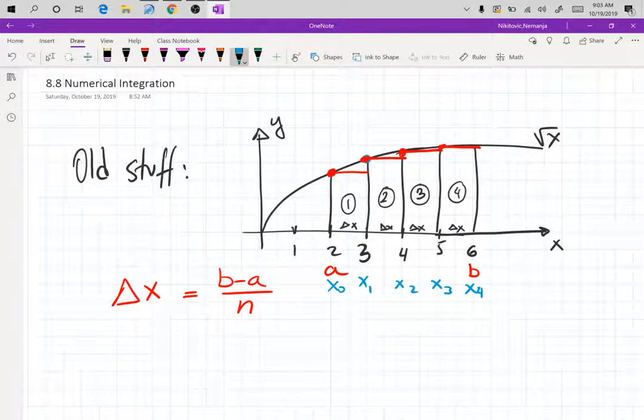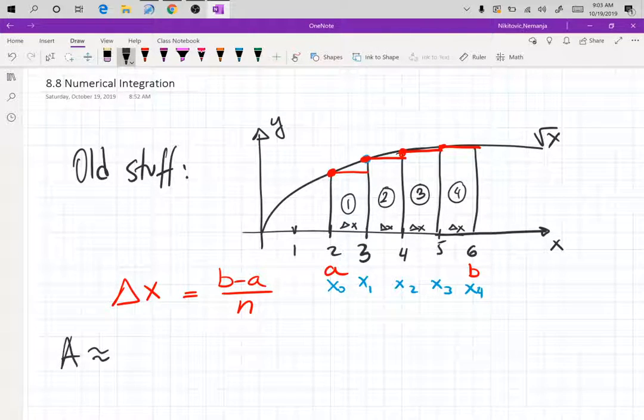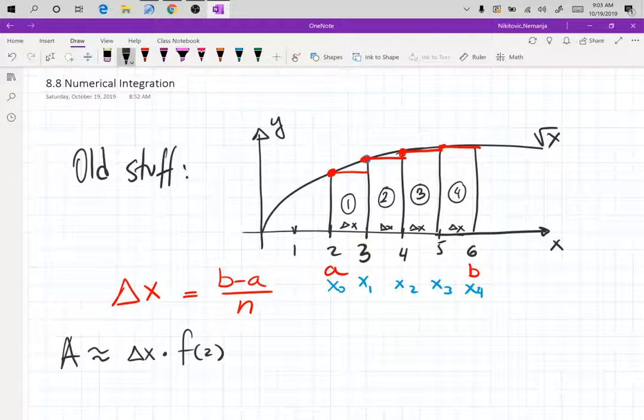So now, to calculate area, so area will be approximated by delta x, which is the width, times the height, which is f of 2. So f of 2 is the height. That's where the red dot is. That's the height of the rectangle, f of 2.